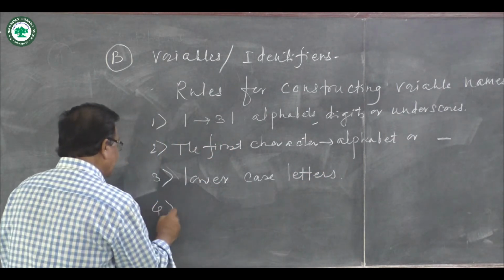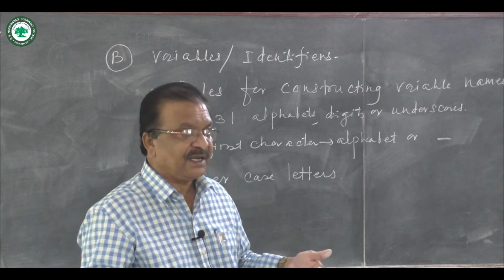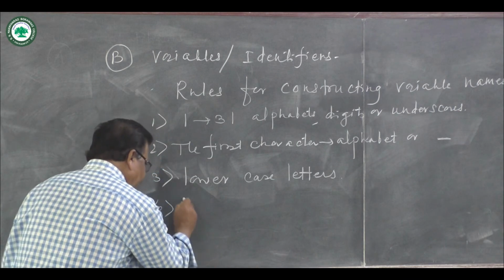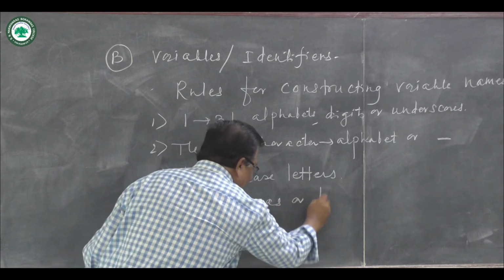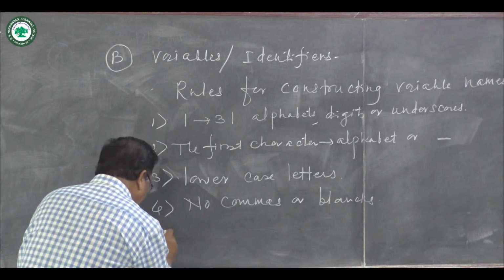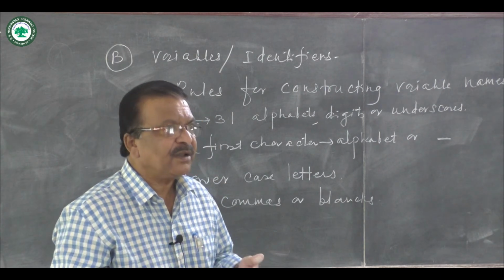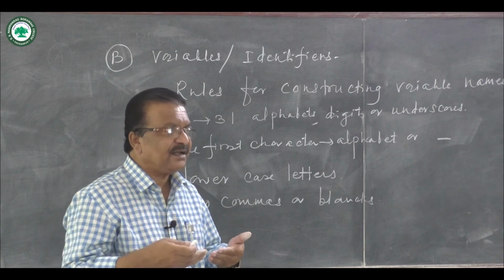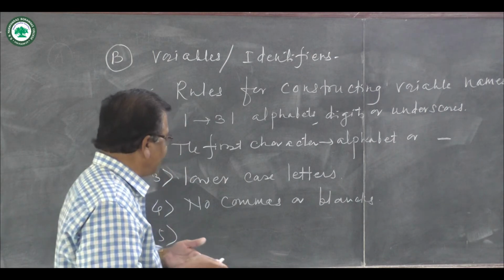Then the fourth one is that no commas or blanks are allowed within a variable name. The fifth rule is no special symbol other than underscore is allowed in a variable name.